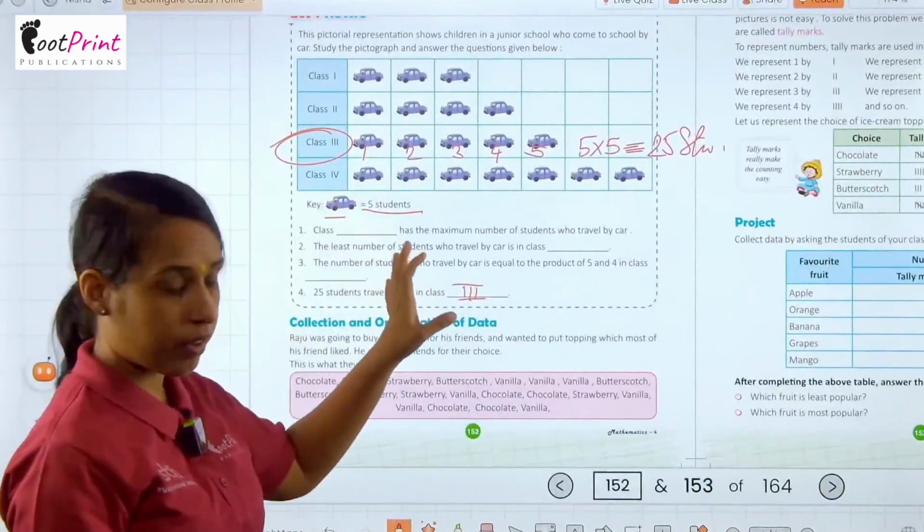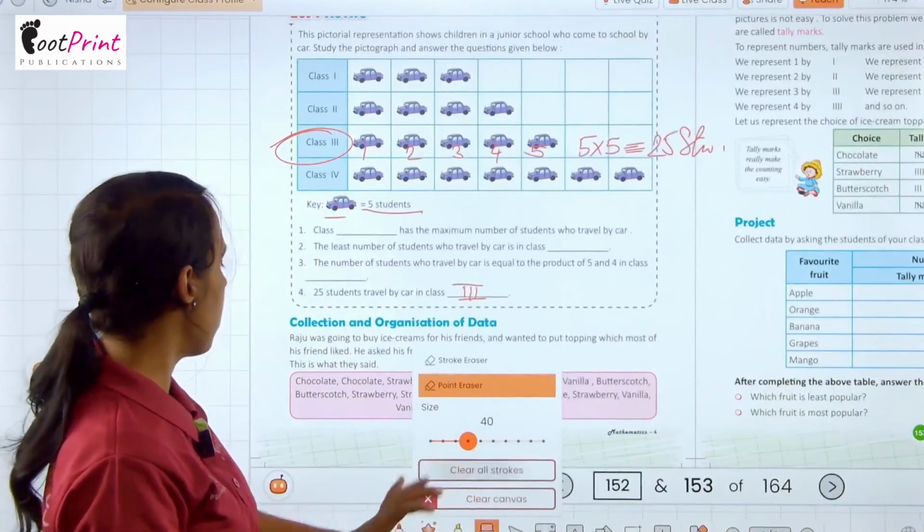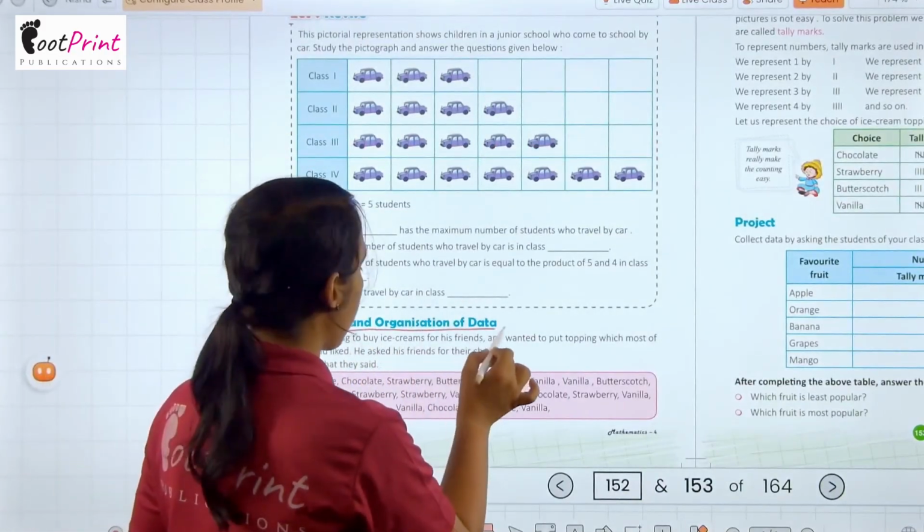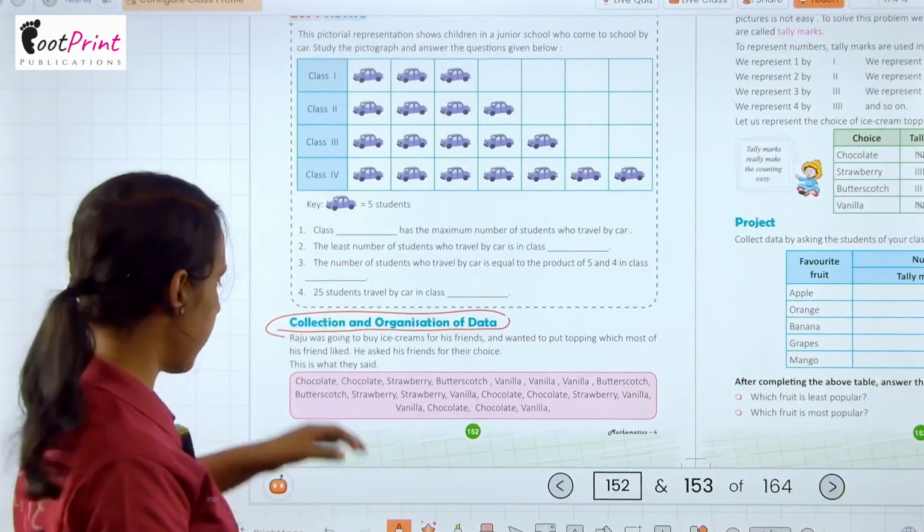Now, this is our revision part. Now we will learn collection and organization of data.